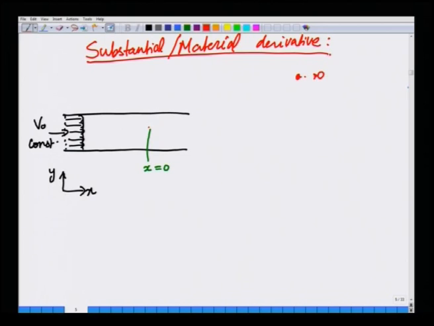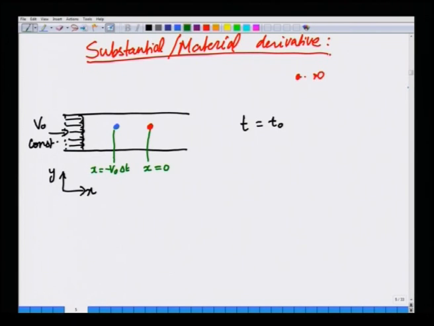So, here there is a red fluid particle at time t equal to t0. Then we have another fluid particle which is blue in color at the location x equal to minus v naught delta t, since the fluid is flowing at a constant velocity.